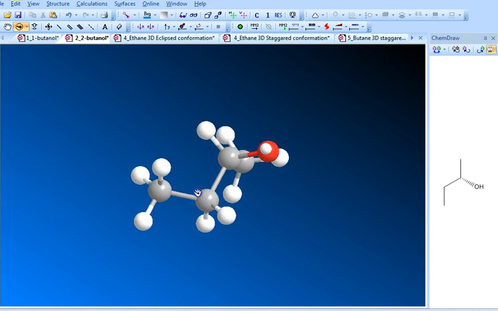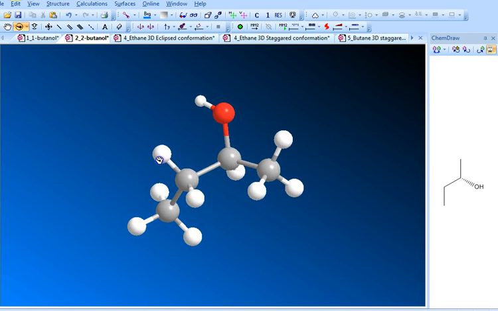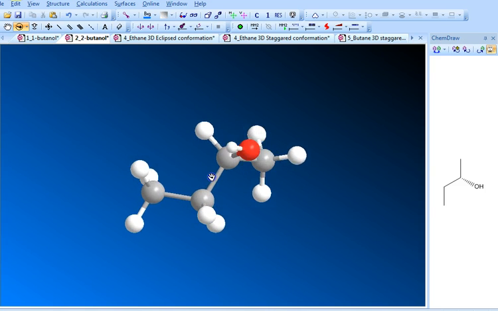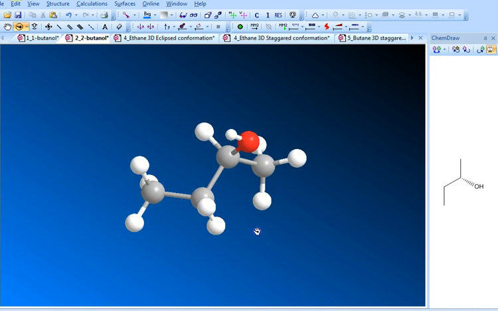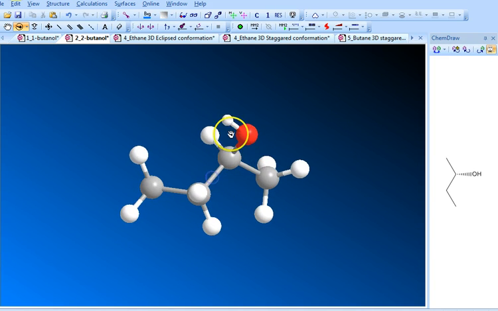You can see that it is not as straight as 1-butanol, it is slightly bent actually. You can see that it is slightly bent here. The bond is slightly pushed backwards, and that's again because, remember, the oxygen has lone pairs of electrons.